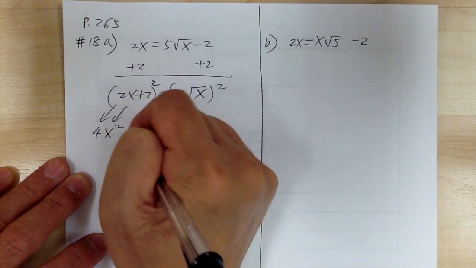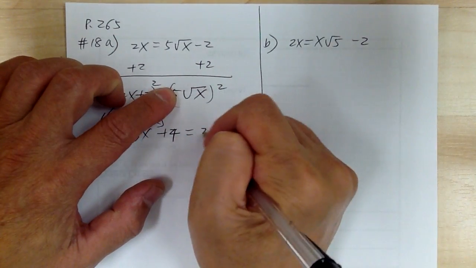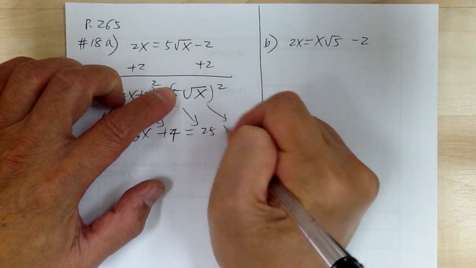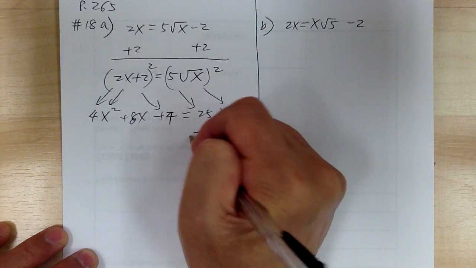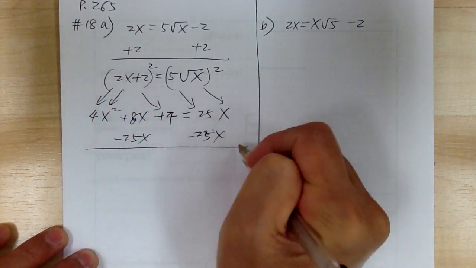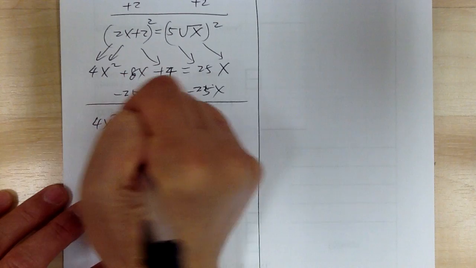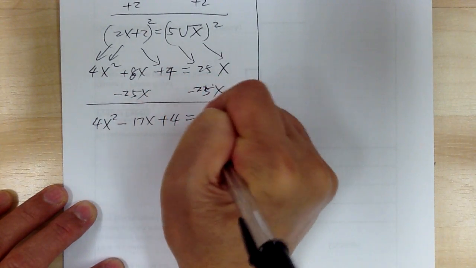And the middle term would be plus 8x. Equal to, you square that, you get 25. You square that, you get x. Okay, and then let's go and minus 25x. So you got 4x squared minus 17x plus 4 equal to 0.